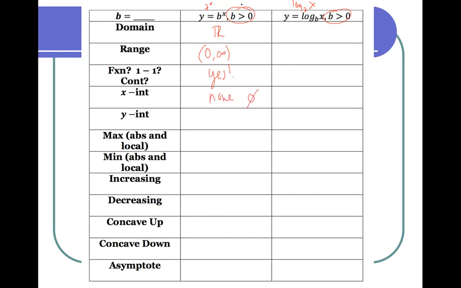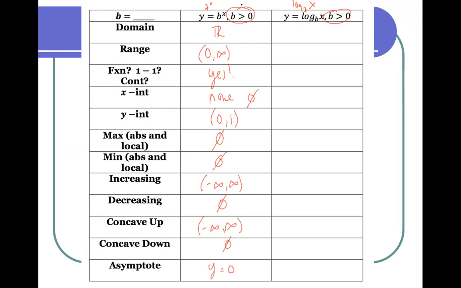None, or I could have said the empty set. Was there a y-intercept? Yes, it's 0, 1. It's increasing over the entire domain. It's not decreasing. It's concave up over the entire domain. It's not concave down, and there was an asymptote at y equals 0. It's like the parent function.